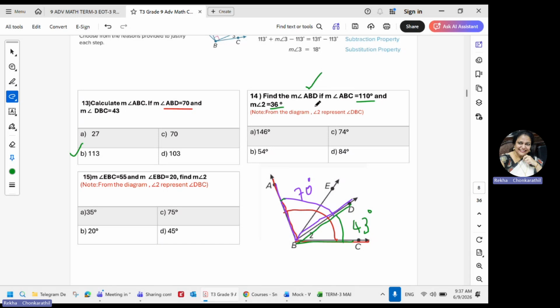So when the smaller angle is asked, you have to subtract. So it will be 110 minus 36. So in this case, you will have 74. What did you do here? Here you added. This is 70 plus 43.